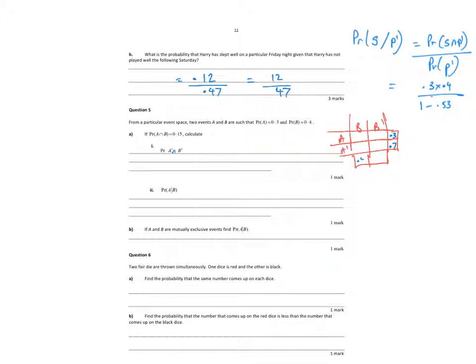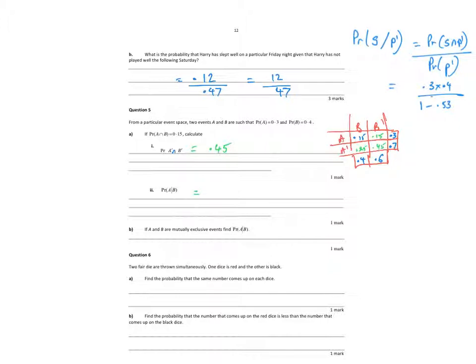Probability of B is 0.4, so B dash is 0.6, and A intersection B is 0.15, so that means I can fill in all the other ones. 0.15 plus 0.25 is 0.4, 0.15 plus 0.15 is 0.3, 0.15 plus 0.45 is 0.6, and check the one going across. 0.25 and 0.45 is 0.7, very good. So A dashed intersection B dashed is simply equal to 0.45.